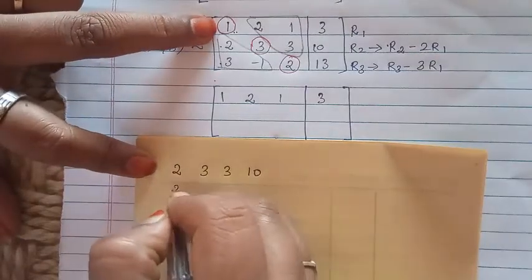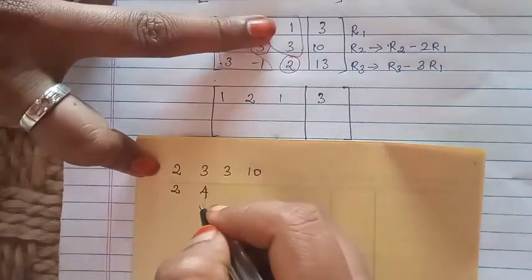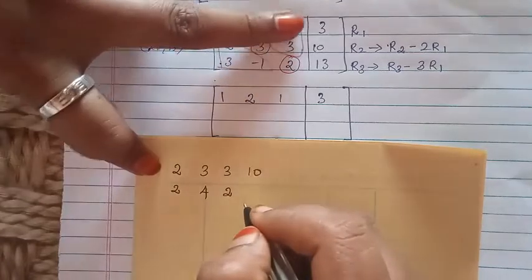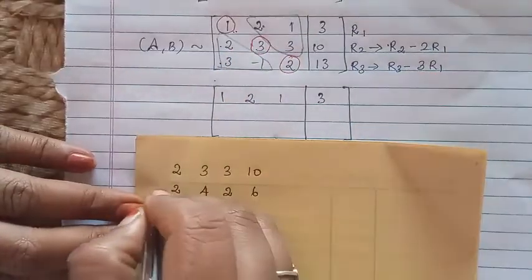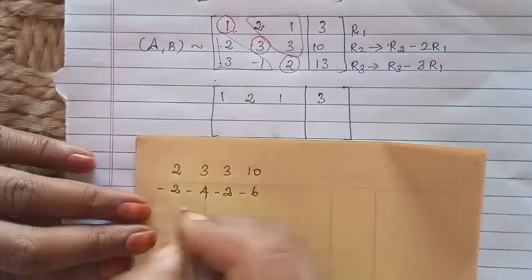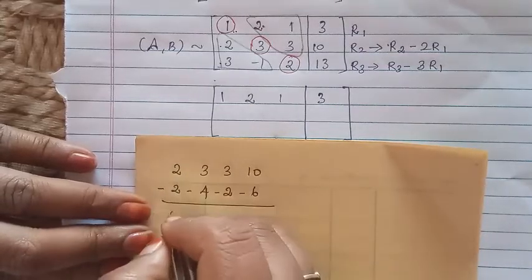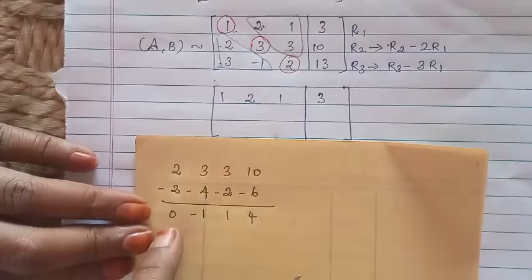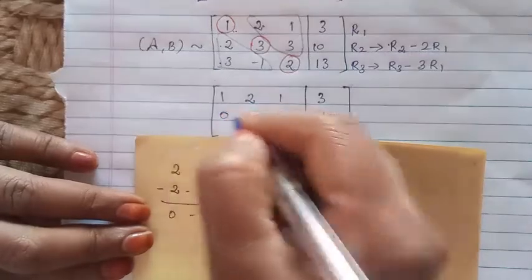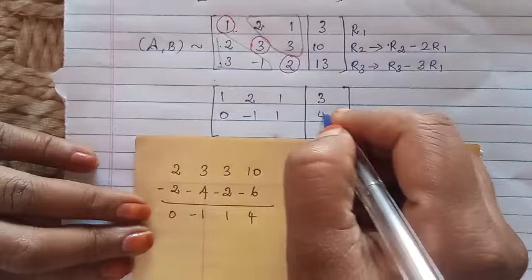So 1 times 2 is 2, 2 times 2 is 4, 1 times 2 is again 2, 3 times 2 is 6. And here the operation is minus, so change the sign and solve it. It is 0, minus 1, 1 and 4. Now write down this value in the matrix, which is 0, minus 1, 1 and 4.